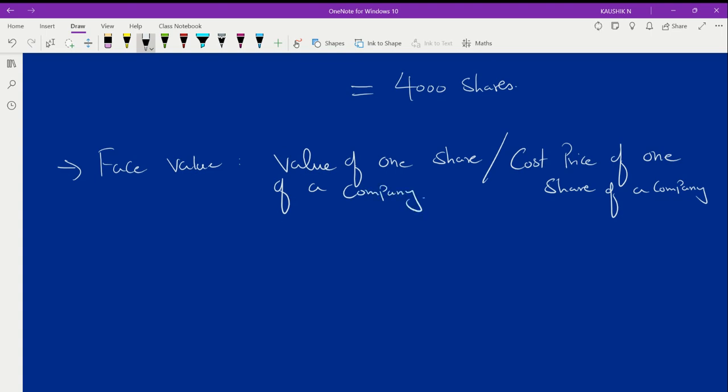So this is the easy way of understanding. Face value is nothing but the value of one share of a company, or the cost price of one share of a company. That is what they call face value. Able to understand?